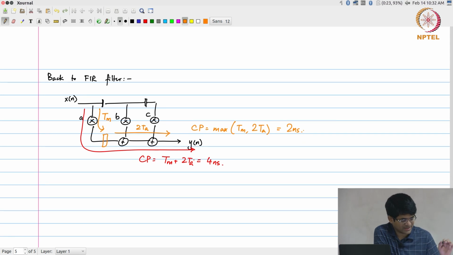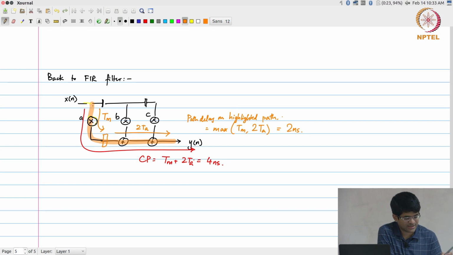Let me rephrase this, that is a good point. I will just call this the path delay on this highlighted path. The observation is correct: there is actually another path which still has the multiplier followed by 2 adders and so on. I am just talking about this highlighted path alone. For that I have managed to break it, okay.